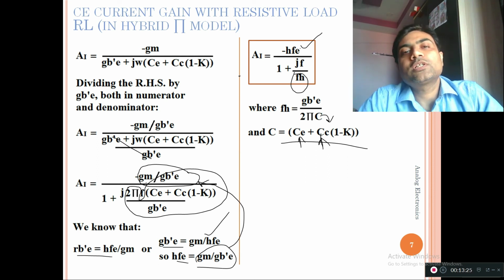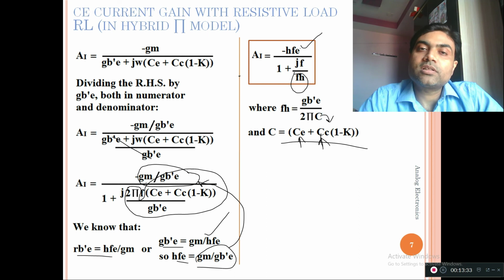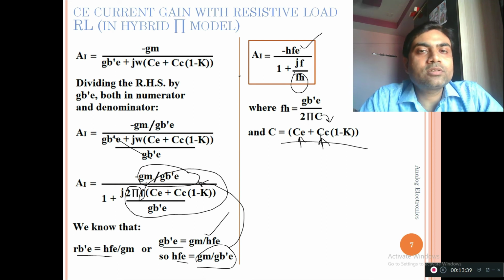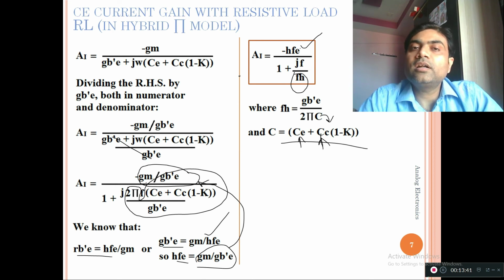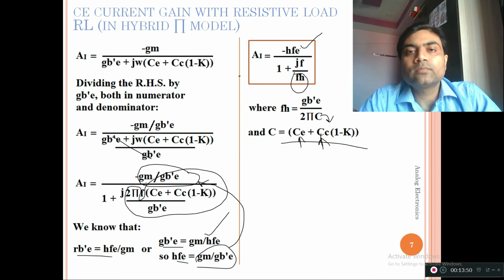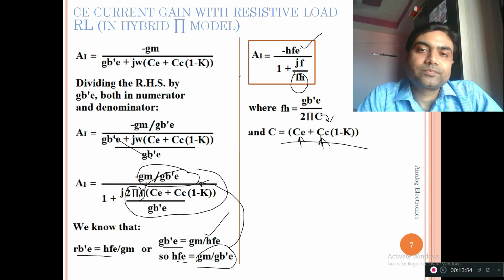So if the output load is present, if load resistance exists, the 3 dB frequency becomes fh. So the fb which we considered in the previous lecture is replaced by fh here, but the meaning is not going to be changed. There we considered fb as the 3 dB frequency, here we are considering fh as the 3 dB frequency, but it gives the more practical scenario of calculating the bandwidth versus frequency.